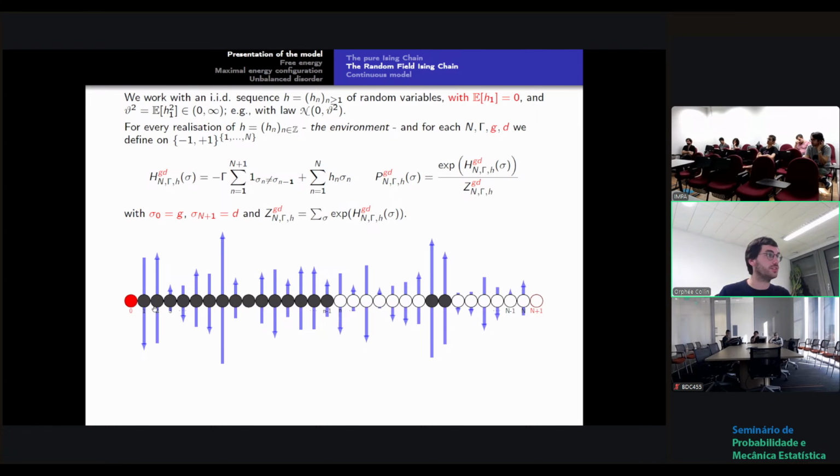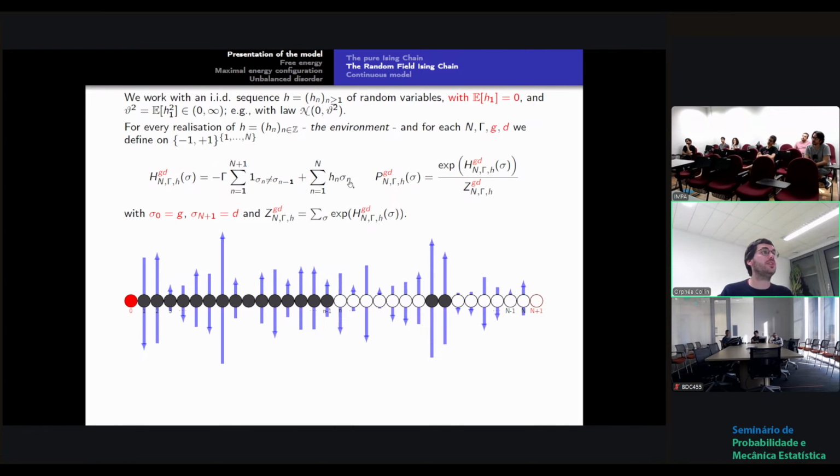And here is an example. This is one realization of the Gaussian law, I think, and one realization of the configuration under the law. A small remark is that this term penalizes walls, so neighboring spins are encouraged to agree.